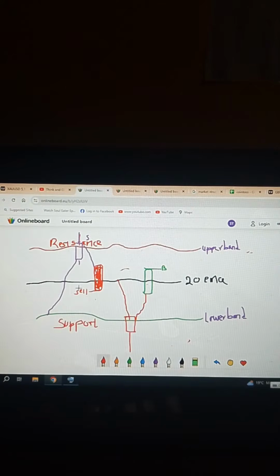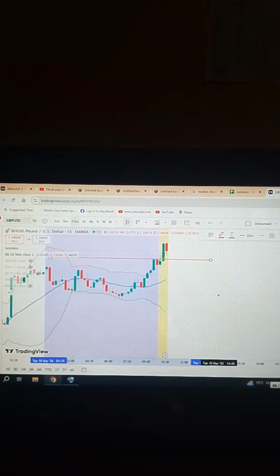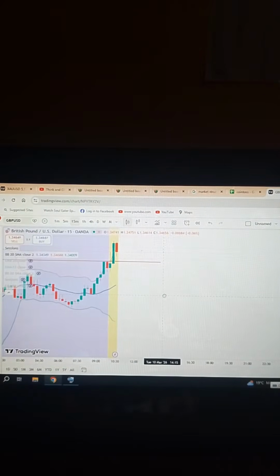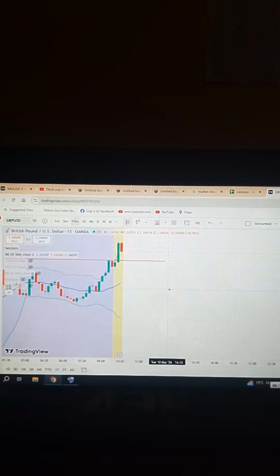For you to understand this, the 20 EMA, we're just using the middle line. This middle line is very important. Maybe I can show you. Let me make these bands a bit clearer. If you want your bands to be clearer, you go to settings here.